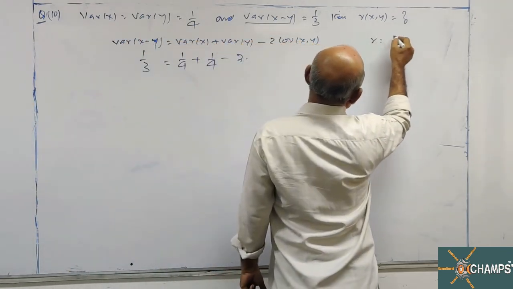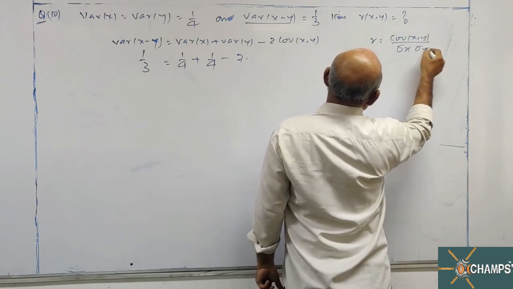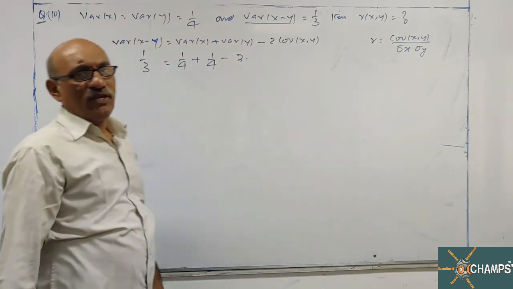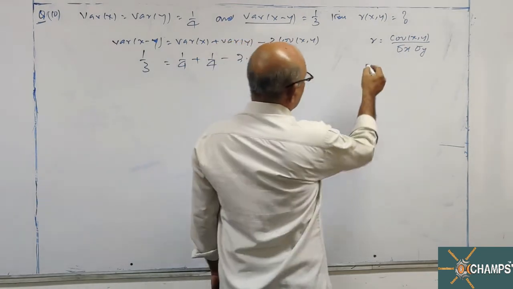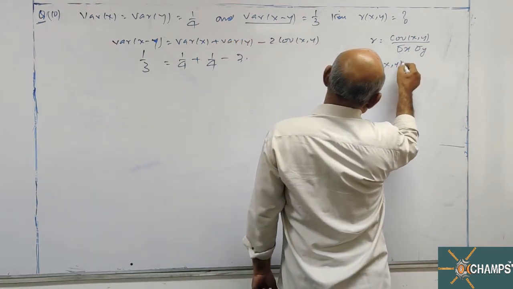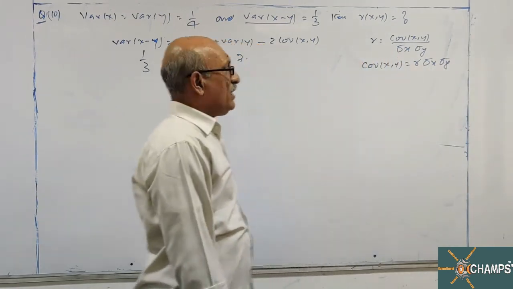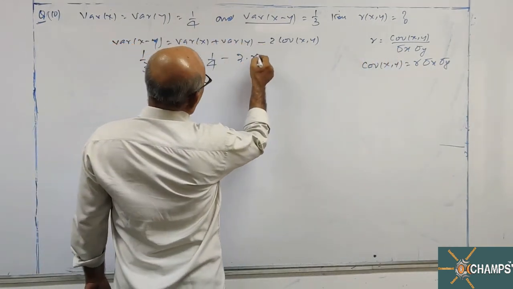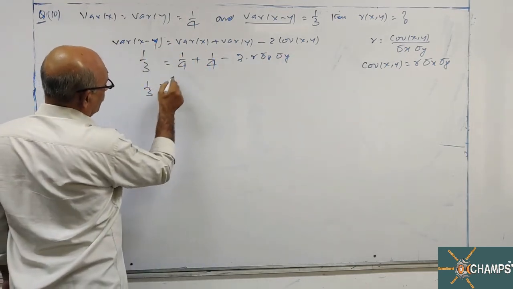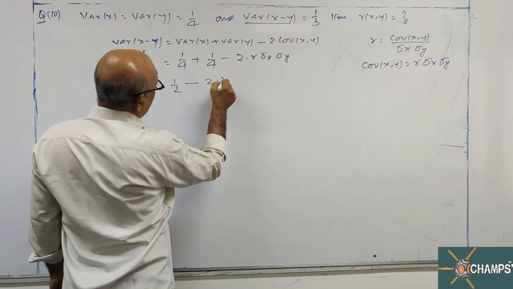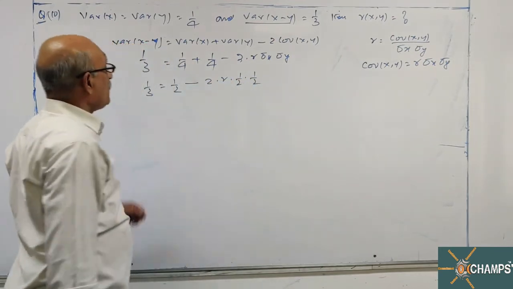Look at this. R is equal to covariance of x comma y divided by standard deviation of x into standard deviation of y. So covariance of x comma y is r into standard deviation of x into standard deviation of y. 1 by 2 minus 2 times r into 1 by 2 into 1 by 2.